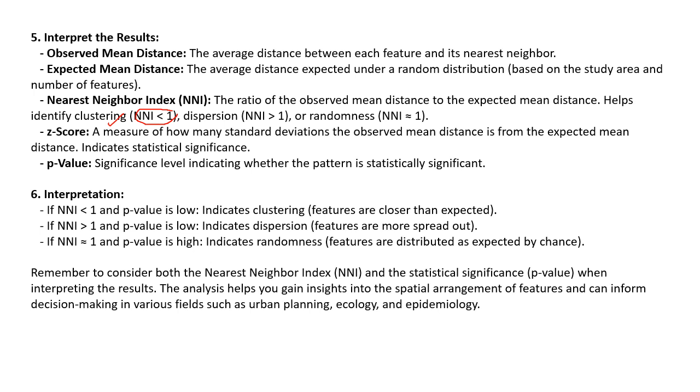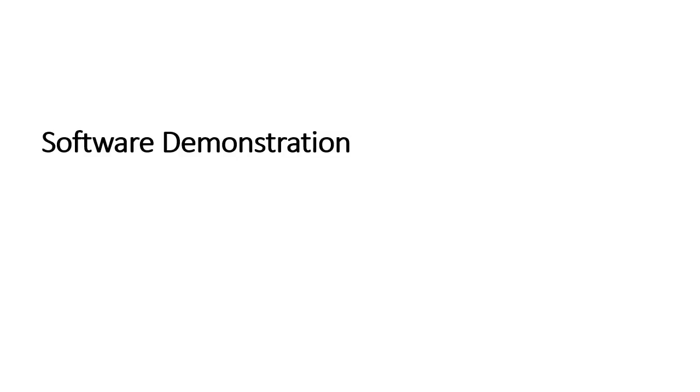If the nearest neighbor index is more than 1, then it is dispersed. Or if it is near 1, then it is random. We will see it, okay, with the help of software. Here I will go for the software demonstration.